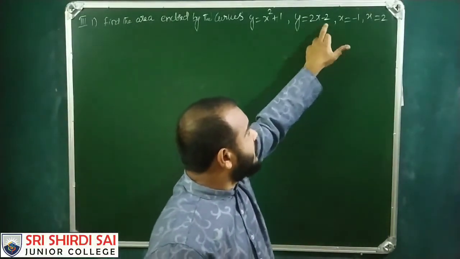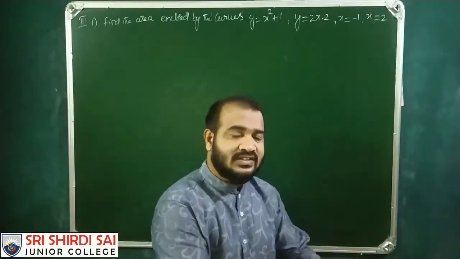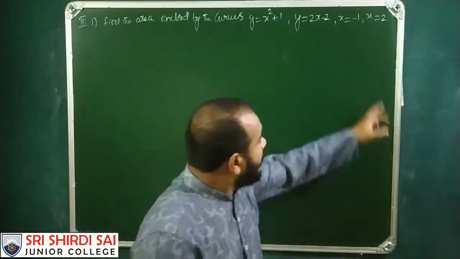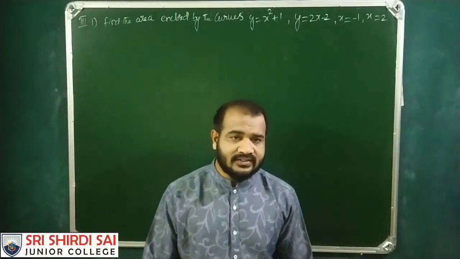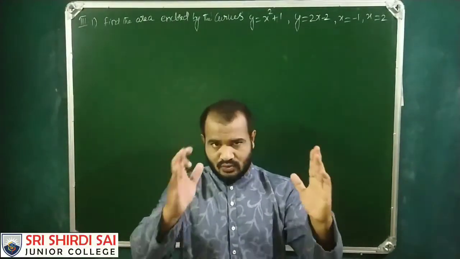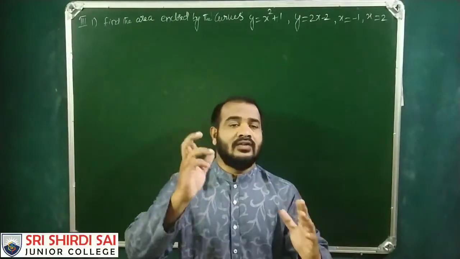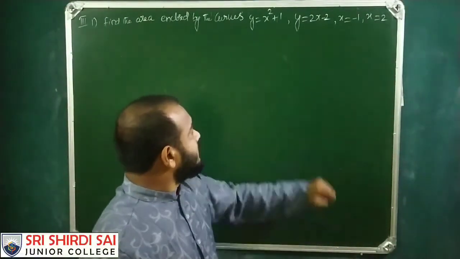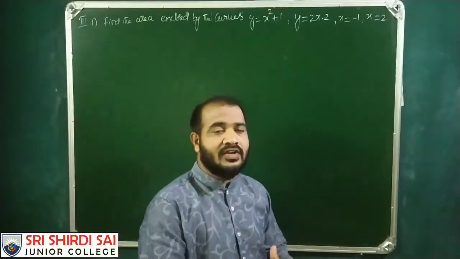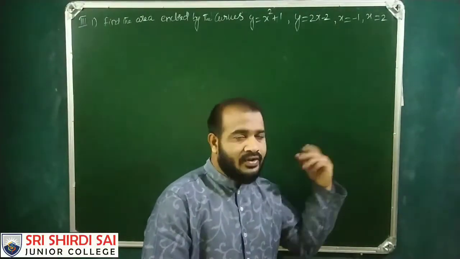Y equals 2x minus 2 is of the form mx plus c, which is a straight line. X equals minus 1, x equals k is the line which is parallel to y axis, a vertical line. X equals 2 is also a vertical line. So actually two vertical lines, one straight line, one parabola. So the area of the region bounded by these we need to find.